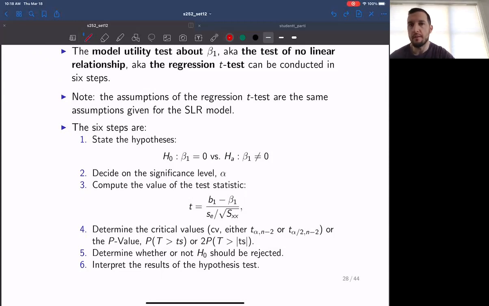So this hypothesis test is also called the model utility test, the test of no linear relationship, the regression t-test, or it's just a 2-sided test of beta 1 equal to 0. These are all the same thing, but the goal is also the same, to determine if there's statistical evidence that x and y form a meaningful linear relationship.